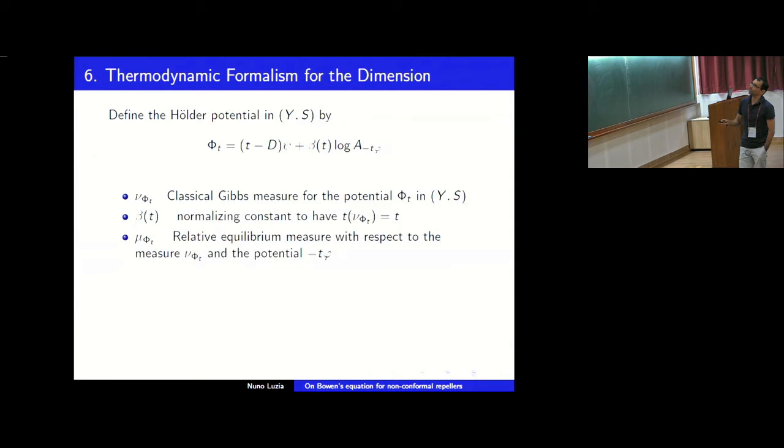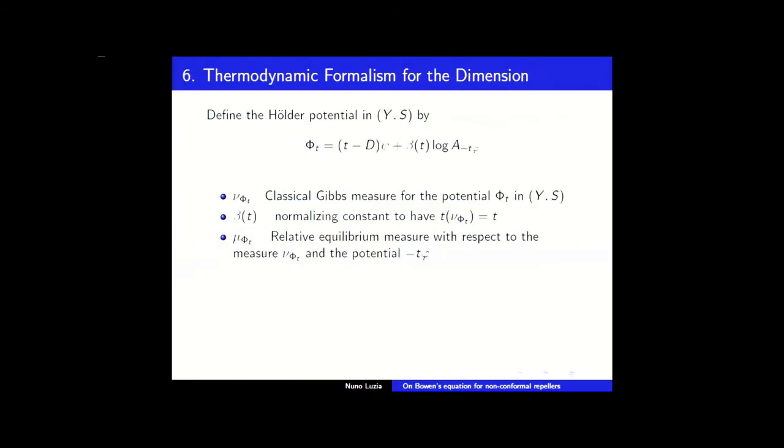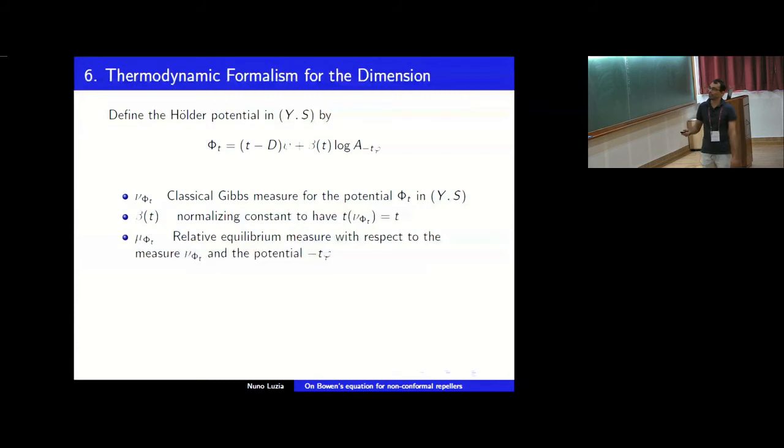So this parameter T here always has the interpretation of a horizontal dimension, okay? Otherwise, it wouldn't be relevant. And finally, consider the measure mu, okay, on the whole space, that is the relative equilibrium measure with respect to this measure nu and this potential minus 2 phi.